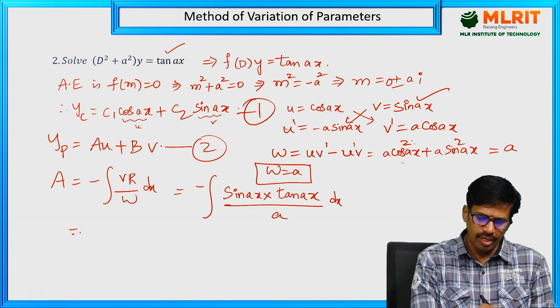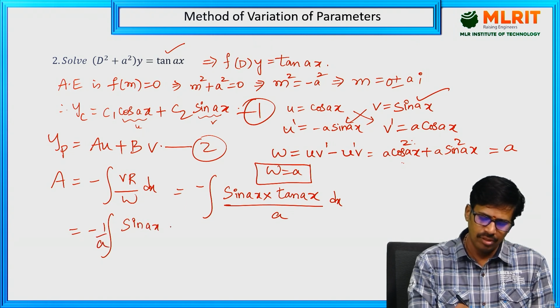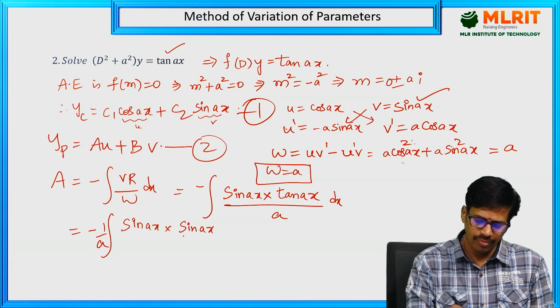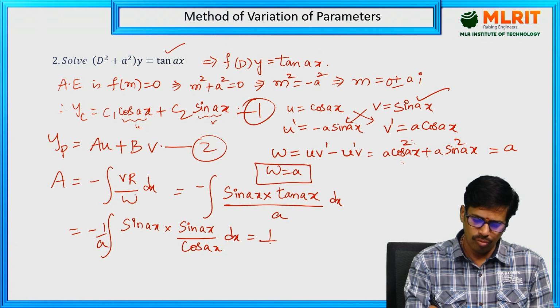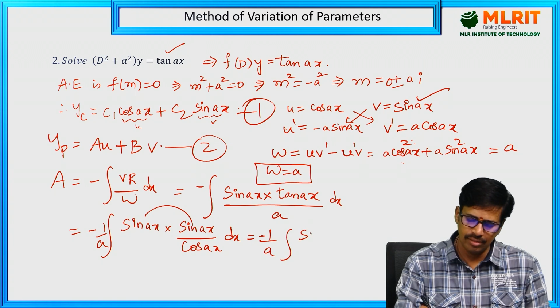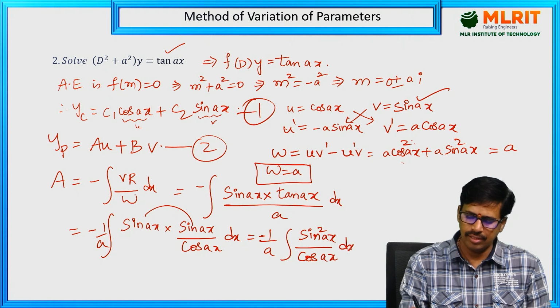So this can be written as minus integration of sin ax, this 1 by a, write it outside. Tan ax means sin ax by cos ax. So minus 1 by a integration of sin ax into sin ax is sin square ax by cos ax dx.